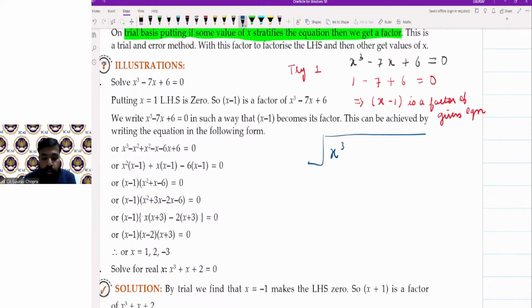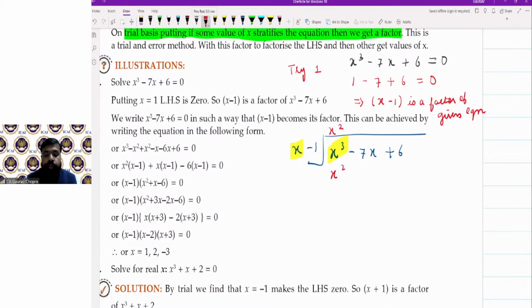So using this long division method, so divide by x minus 1. The highest power here is x cube and here it is x. So what do we multiply x by so that it becomes x cube? Of course x square.